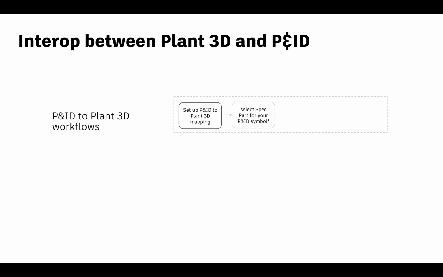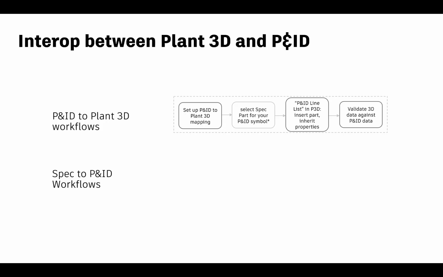Then from that line list, you have to select any available P&ID object and place its mapped Plant 3D counterpart in the Plant 3D model. These property values of the P&ID object become copied onto the Plant 3D object model.